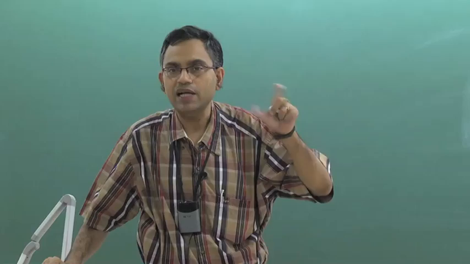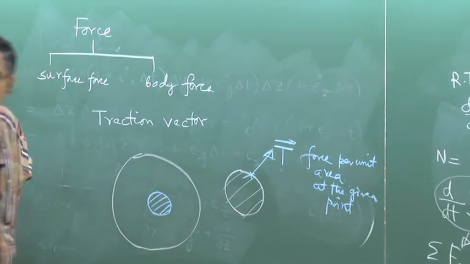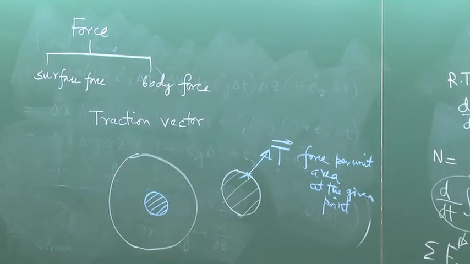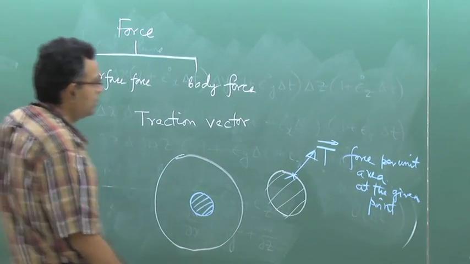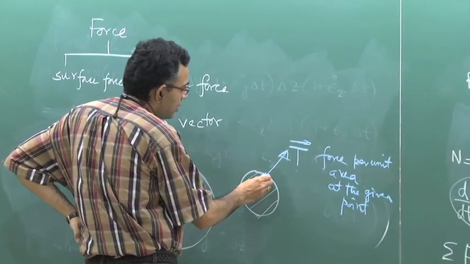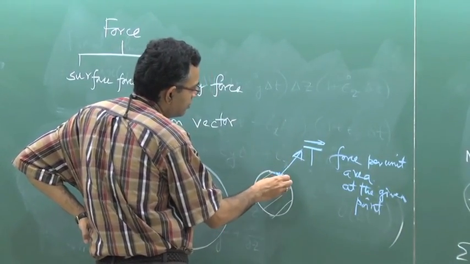This force is because of the interaction between the shaded volume with the remaining part of the volume. So, this is like an action-reaction type of force. Now this is not the total force, this is force per unit area. So if this is force per unit area, that means the total force will be dependent on the area that is chosen here.